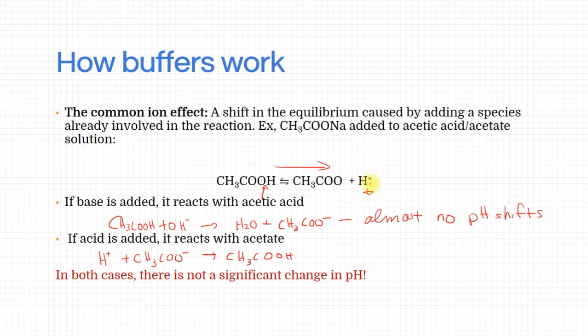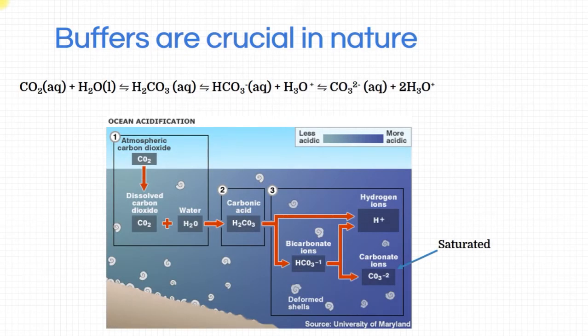Remember, H plus goes up, which means the pH goes down. The more H plus we have, the lower the pH is. So we increase the amount of H plus by a little bit, but not as much as what we put in. By a little bit, because the initial amount reacted, and it's only going to form a teeny amount of acetate. It doesn't form all, because this is weak. Okay, so in either case, whether I'm reacting with an acid or base, there's not a dramatic change in pH.